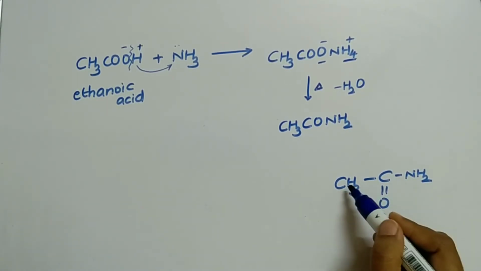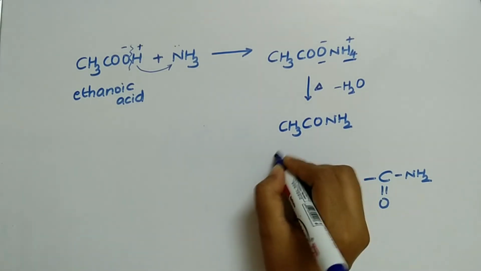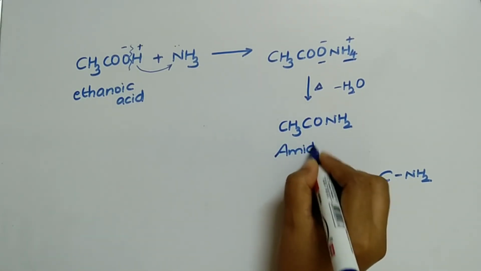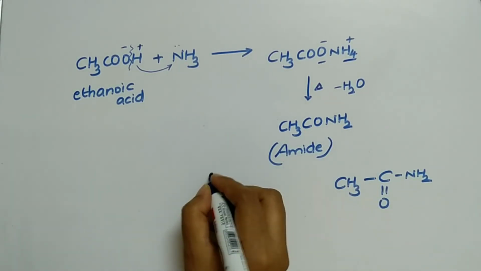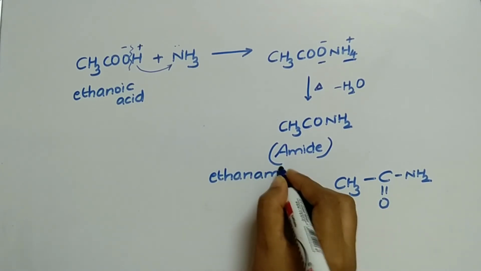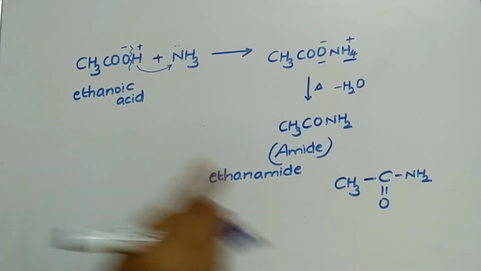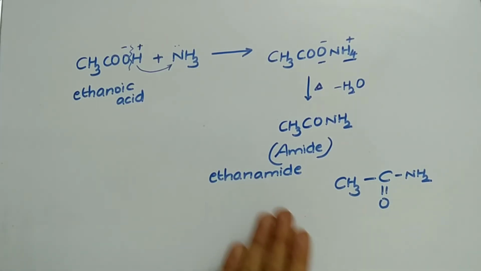So what is this RCONH2 group? It is an amide compound. As there are 2 carbons, the name of this compound is ethanamide. You can check that the number of carbon atoms in the reactant and in the product remains the same.